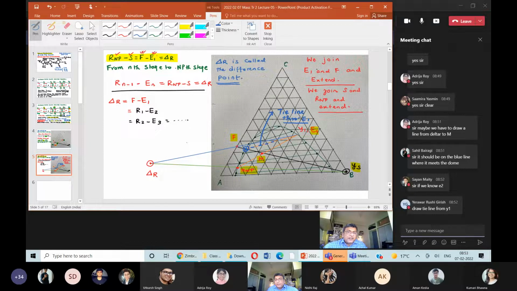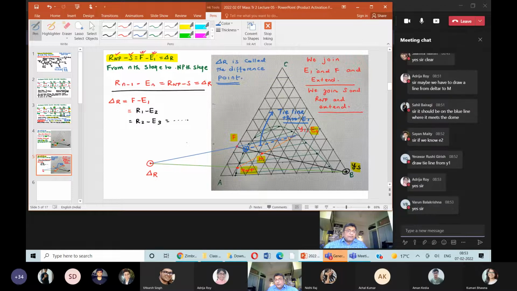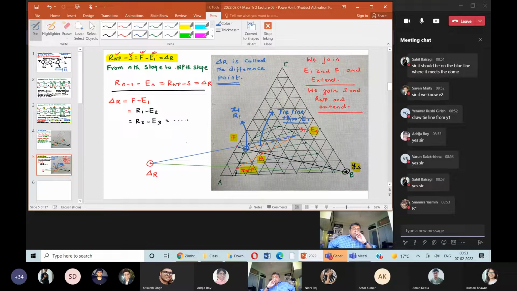This is cumbersome, and kindly study today. So what is this point? This point is R1? Yes or no? Samira, clear? Odrija, clear? Rishi Yaravar, are you there?